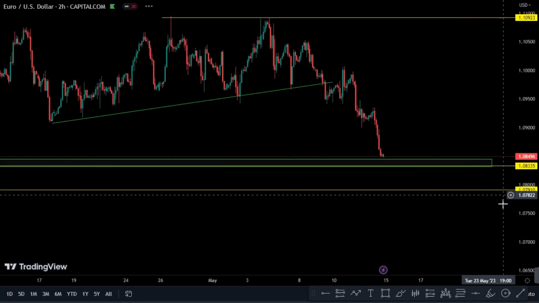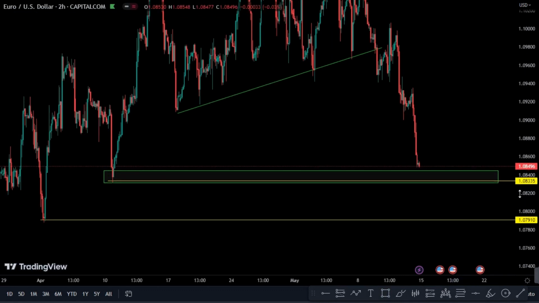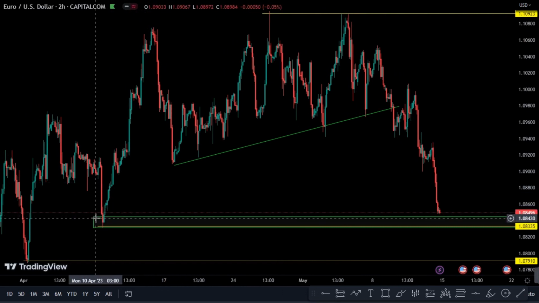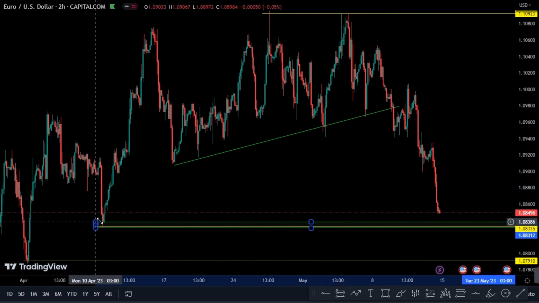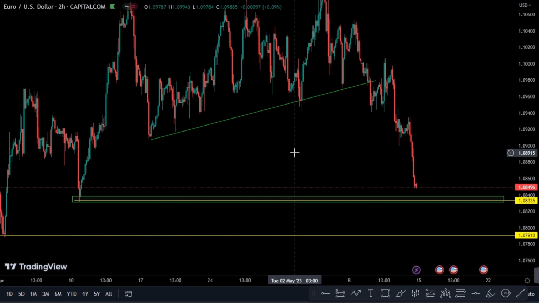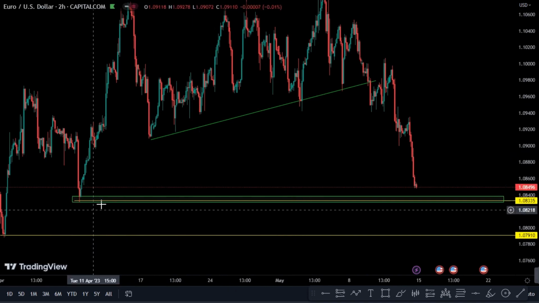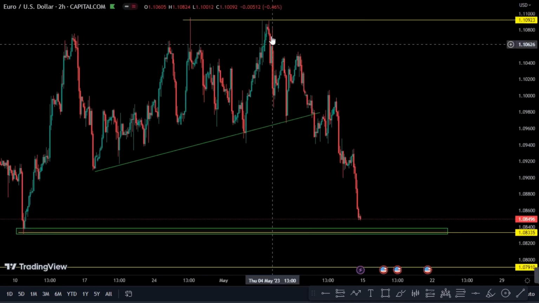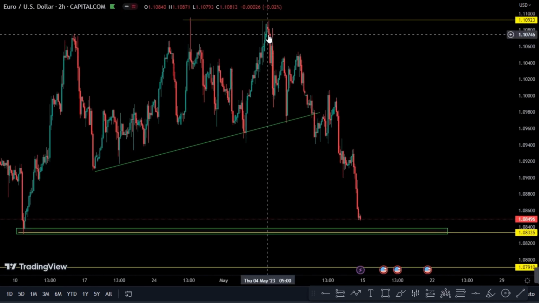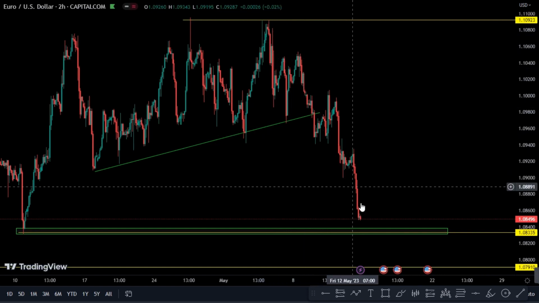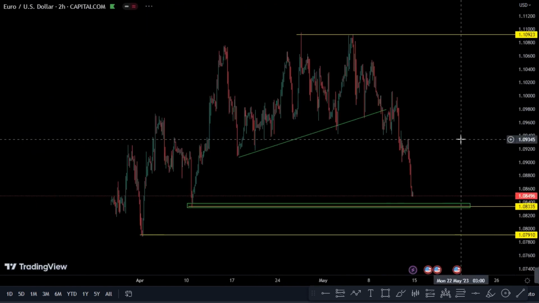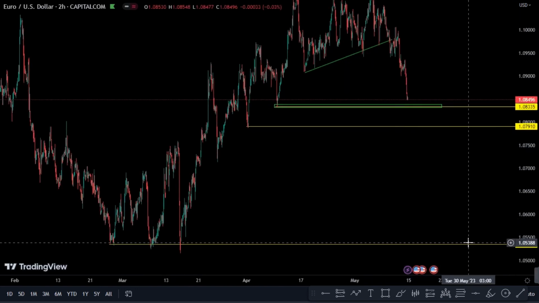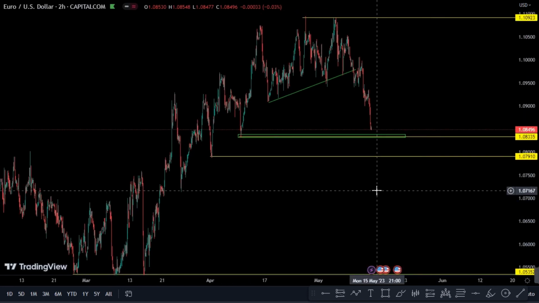Now we would switch to a lower time frame to get more insight into our price action. Here we are looking to capitalize on buys from this structure. As we can also see, this market has been in a very bearish trend for a while now, and as much as this market is pushing towards this area here, the market doesn't move in a straight line.